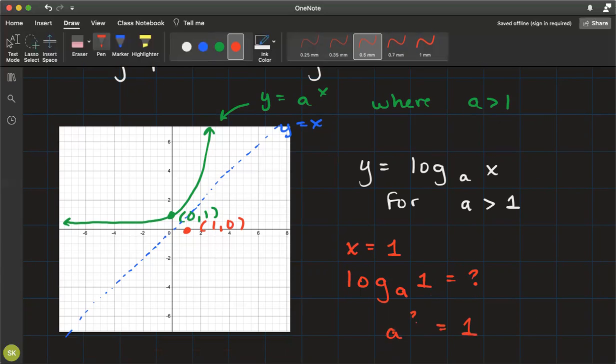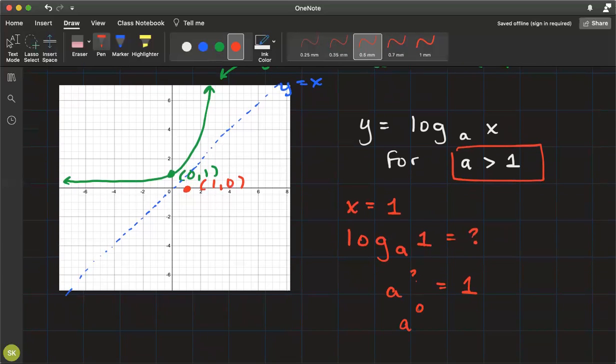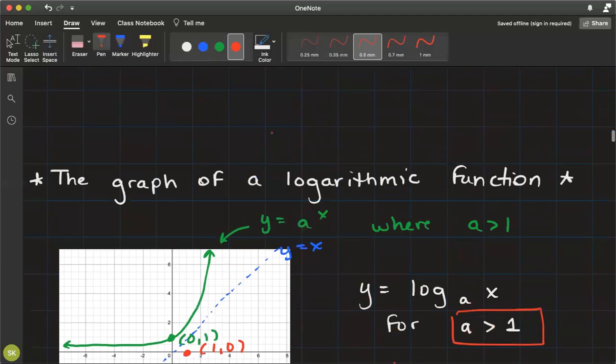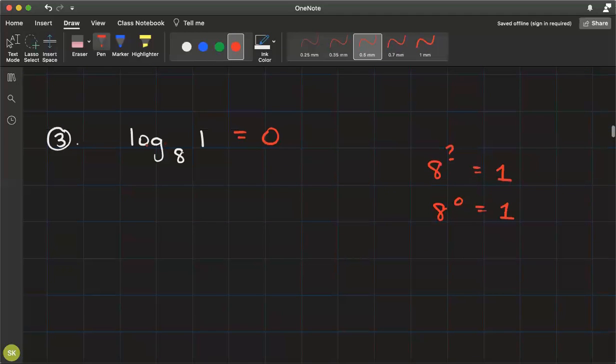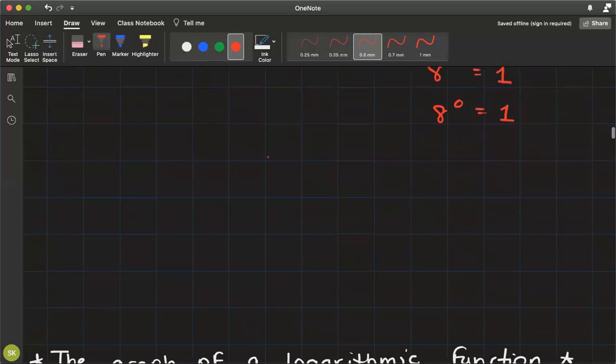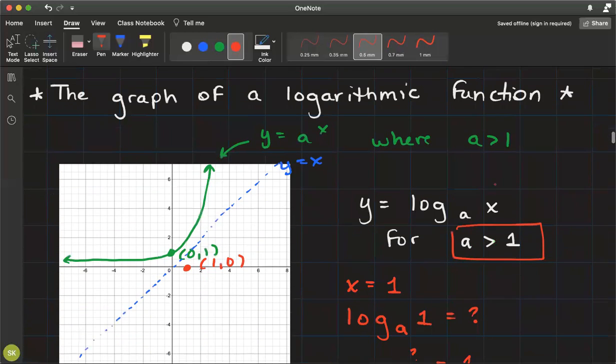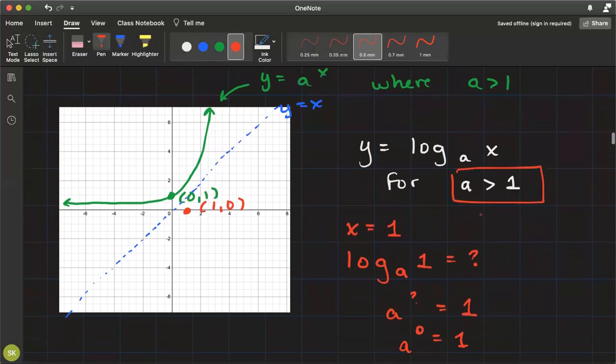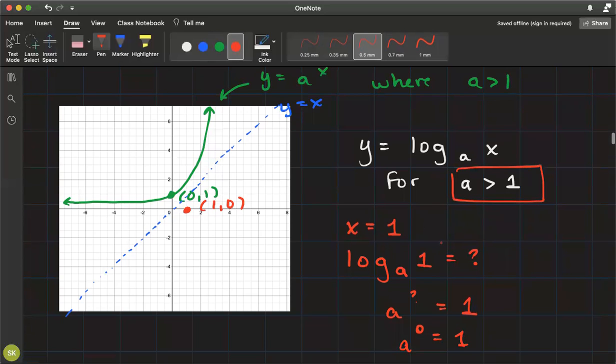And as long as this number is not 0, which we're assuming a is greater than 1 in this case, then we're going to get that this number has to be 0, because 2 to the power 0 is 1. Like that problem we just saw a minute ago. We said log base 8 of 1 is equal to 0. This a this time is just any number greater than 1. So we do get the point when x is 1, we get that this log is equal to 0.